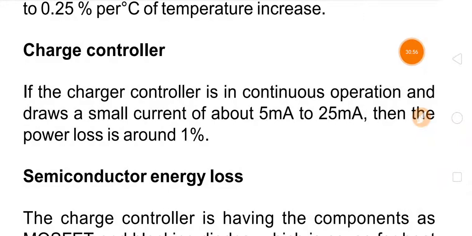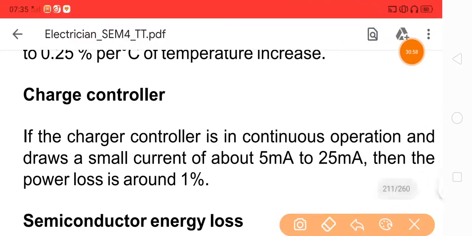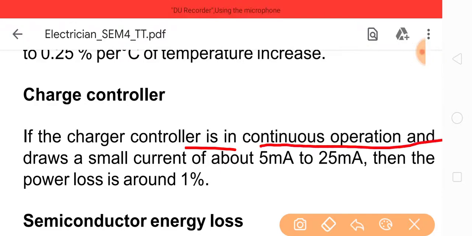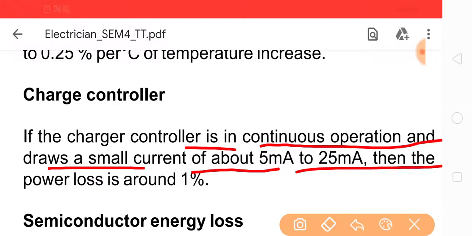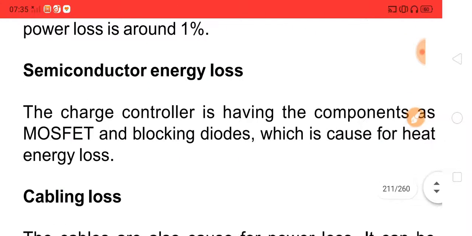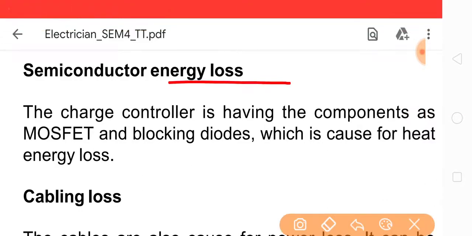Charge controller: if the charge controller is in continuous operation and draws a small current of 5 milliamperes to 25 milliamperes, then the power loss is around 1%. Semiconductor energy loss: the charge controller has components such as a MOSFET and blocking diodes, which cause heat energy loss.